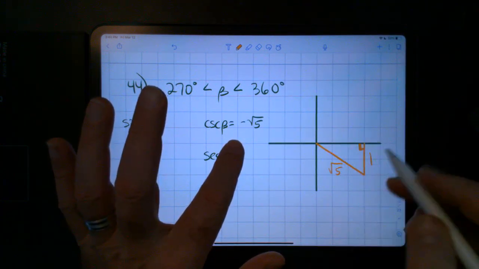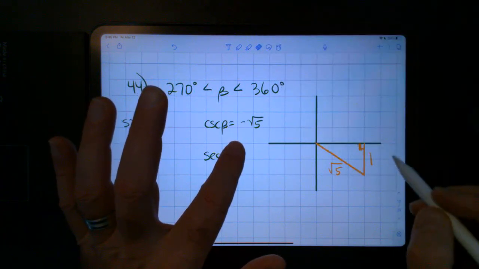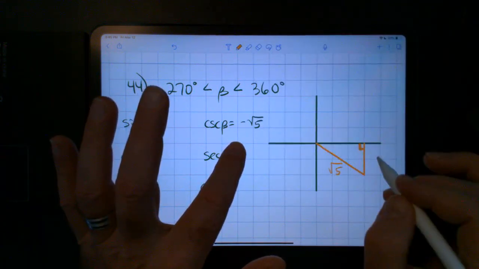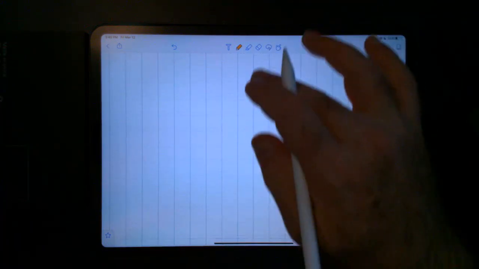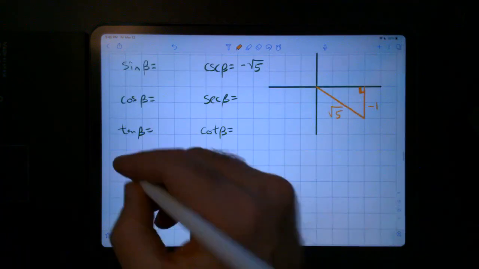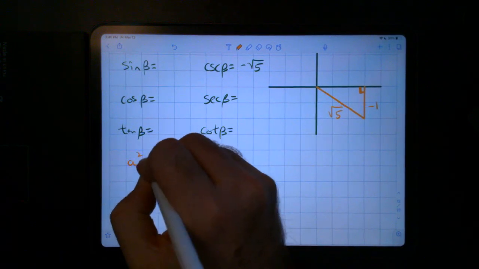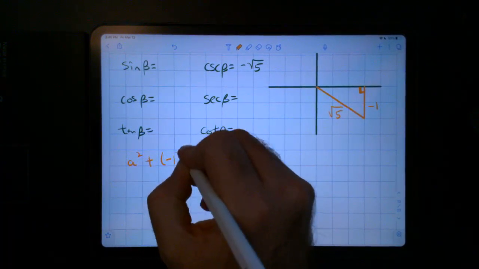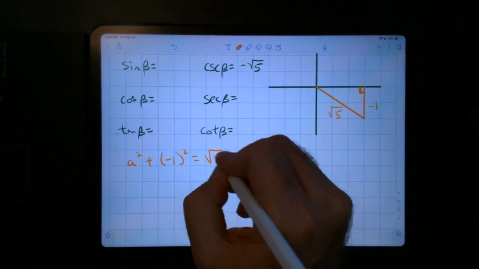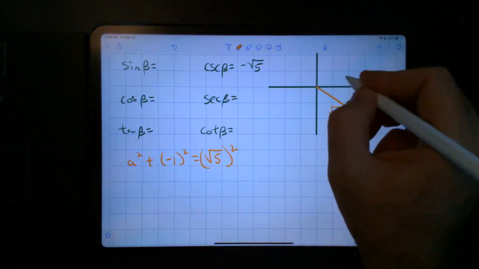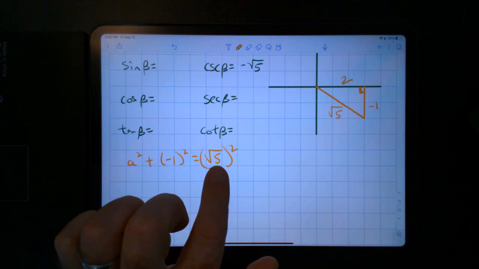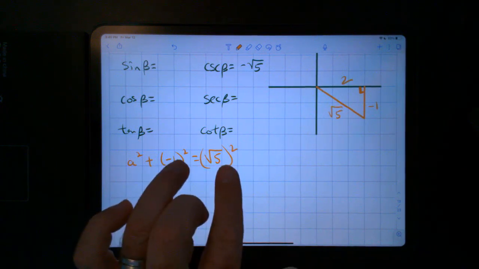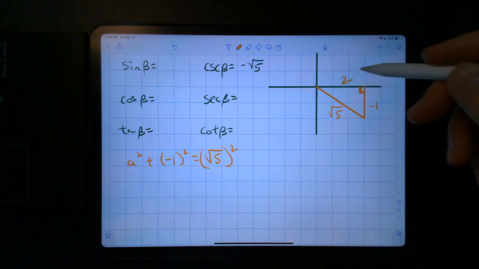And using this would be a negative 1. So with the Pythagorean theorem, we have a squared plus negative 1 squared equals root 5 squared. This tells us that our x component is 2. Square root of 5 squared is 5. 5 minus 1 is 4. Square root of 4 is 2.